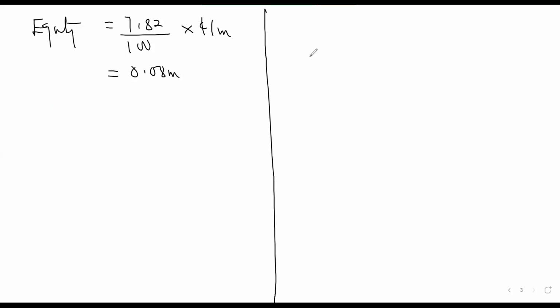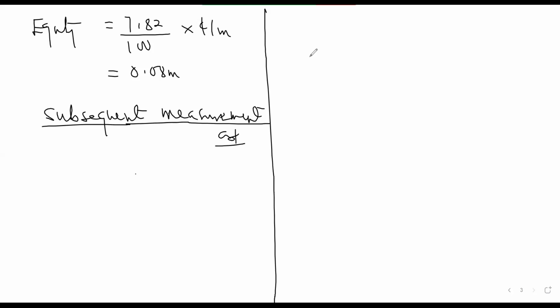Let me just look at the subsequent measurement of debt. We have the amount at start.